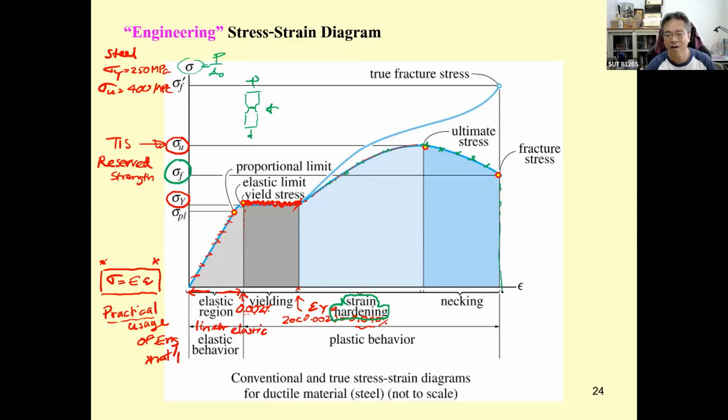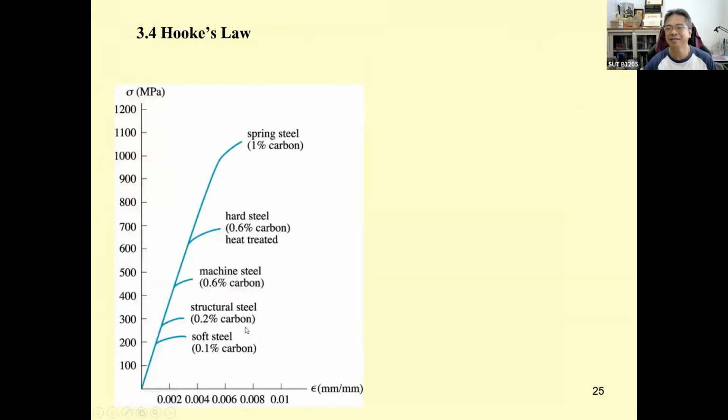Over here you have the fracture strength, over here the ultimate strength, over here the yielding strength, and over here the proportional strength. And you also need to determine the modulus of elasticity, which is the stress divided by the strain in the linear elastic region. That is what we have.